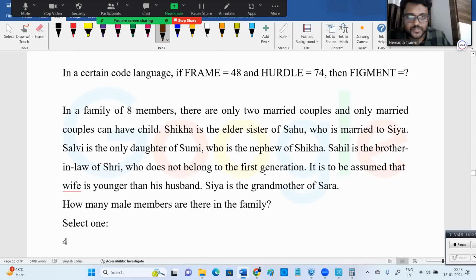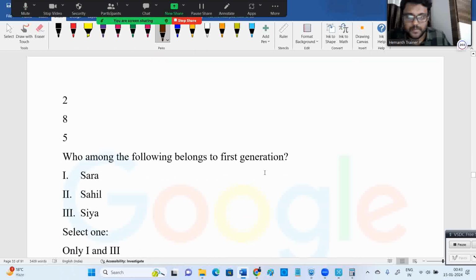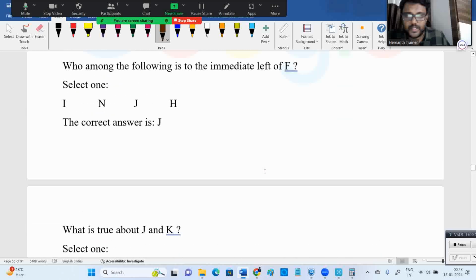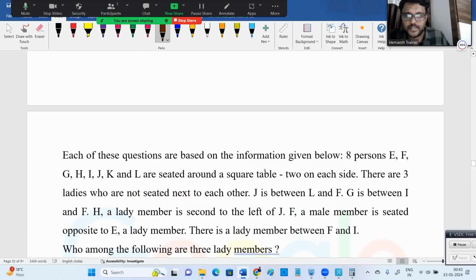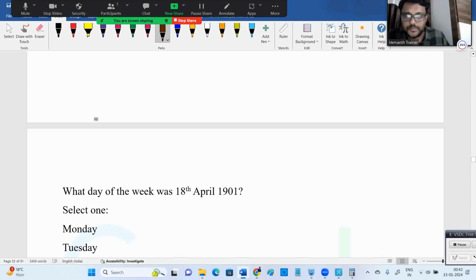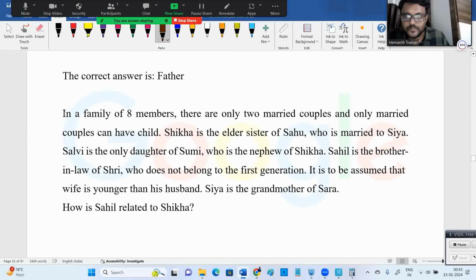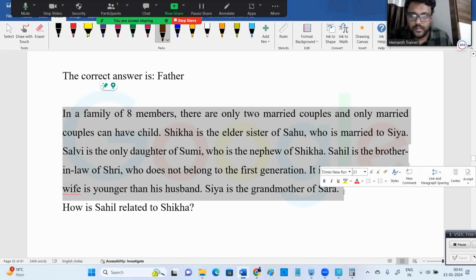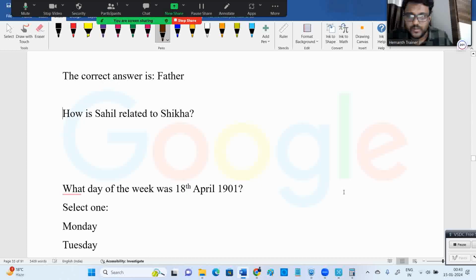This question is also from the same paragraph, so I'll copy that question and put it here because it is the same data, why discuss it separately here and there. We'll keep it here. Only one thing: how is Shahil related to Sika?